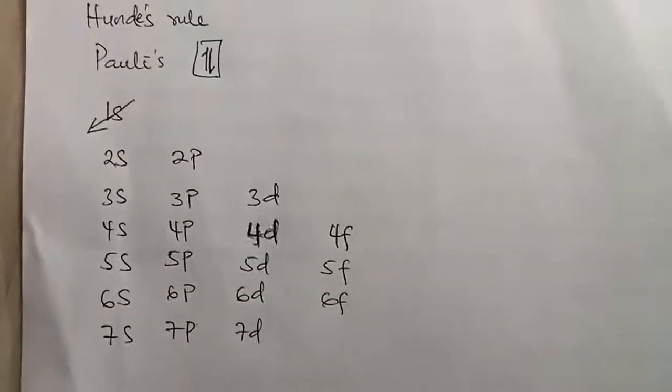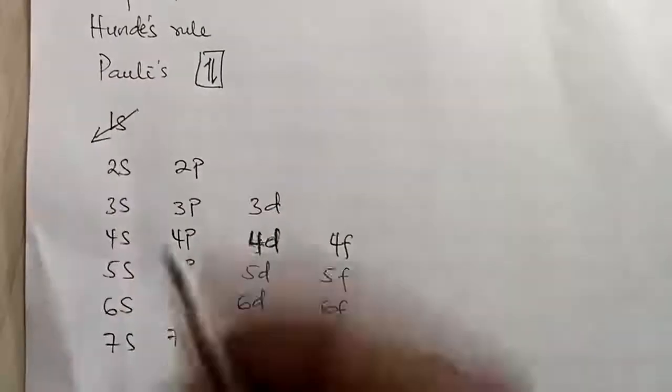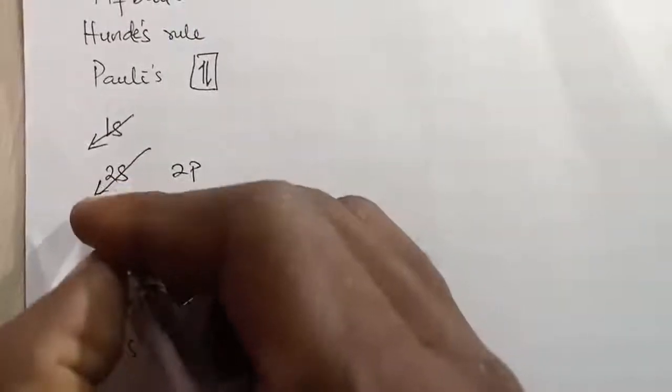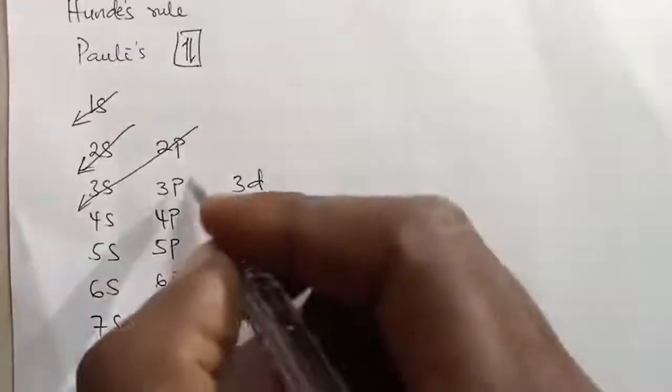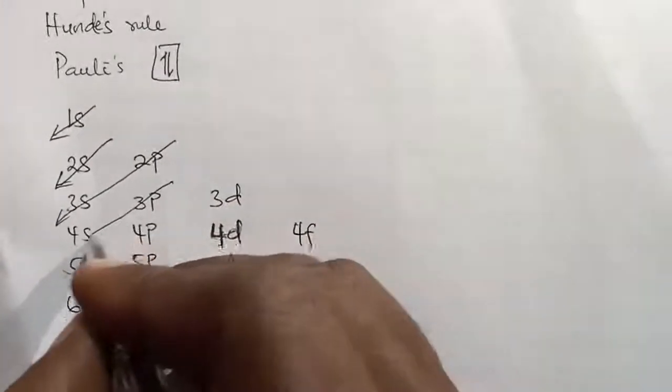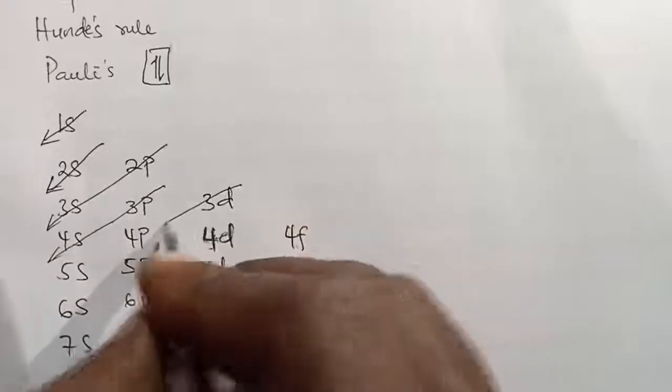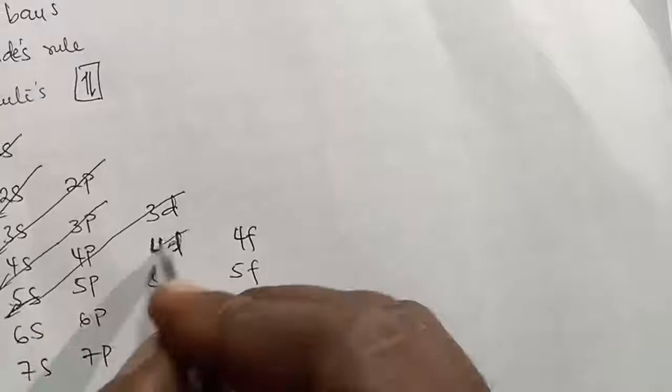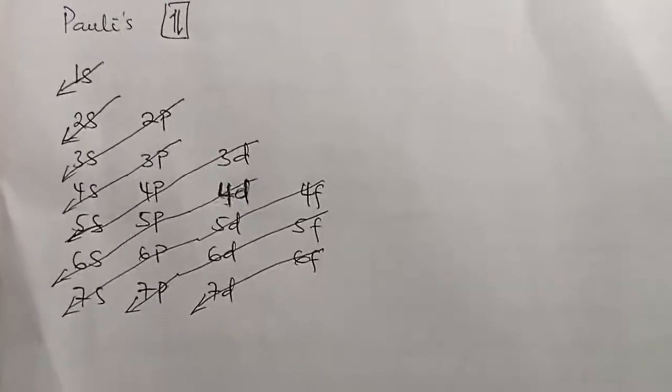So this is how to fill. You first of all put 1s, then you put 2s, then you fill in 2p, 3s in this direction. This is how you fill.